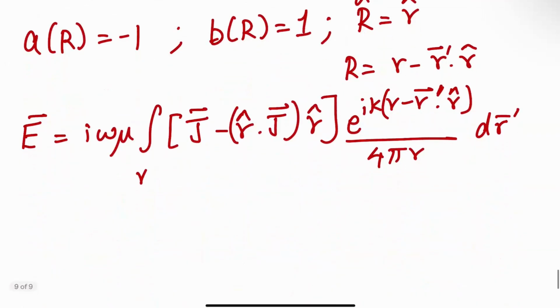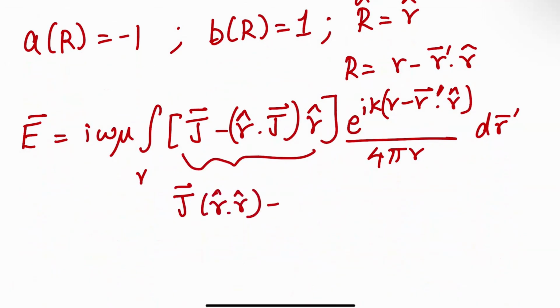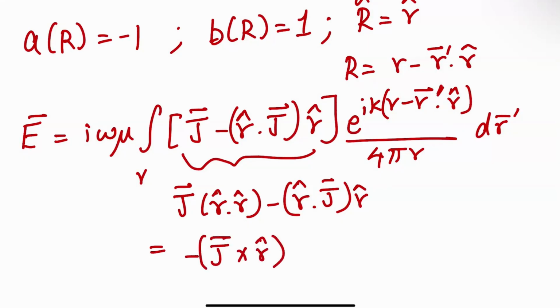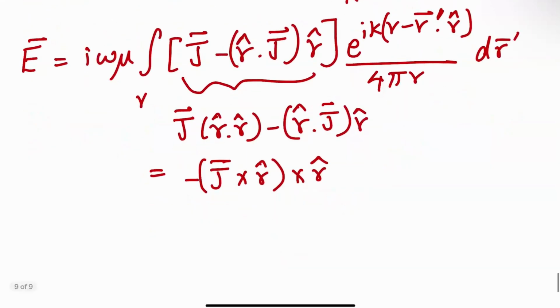But what is this? I can write this as J minus r hat (r hat dot J), which is actually nothing but minus (J cross r hat) cross r hat. Again, that's a vector identity of the triple cross product. You can show that easily.